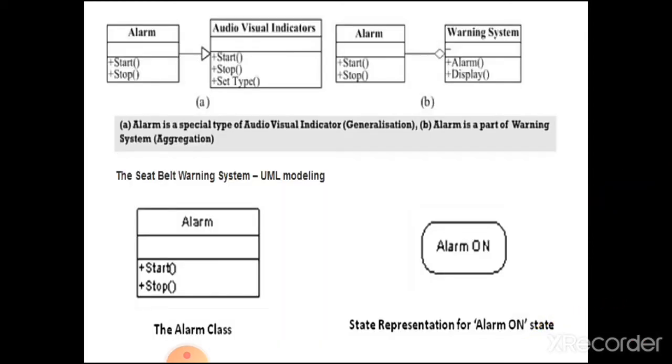Then this is the state diagram, and here alarm is a special type of audio visual indication, that is, generalization is represented here. The first one is generalization.